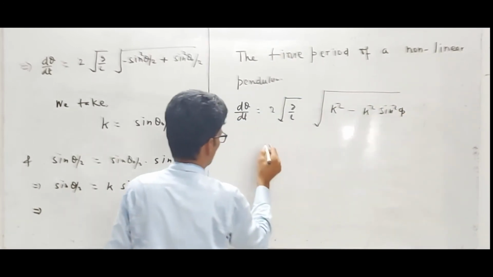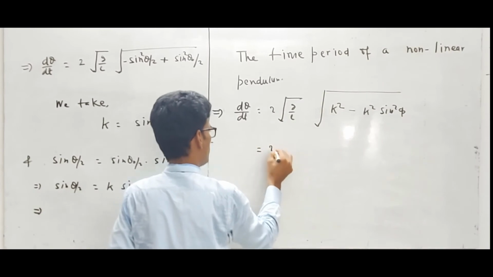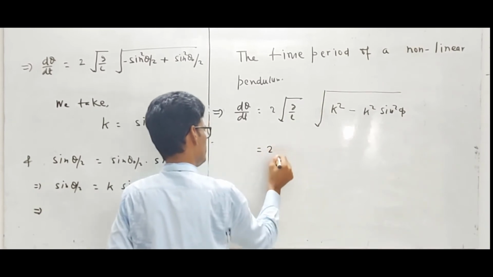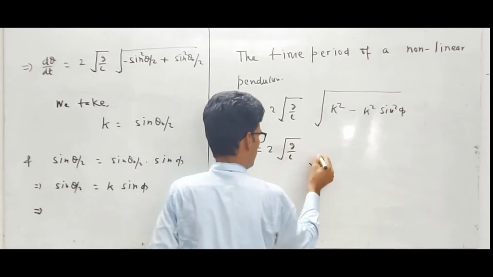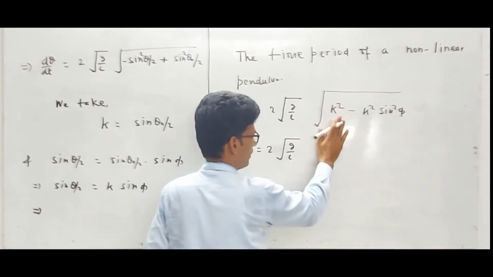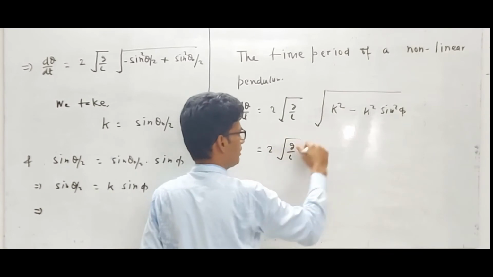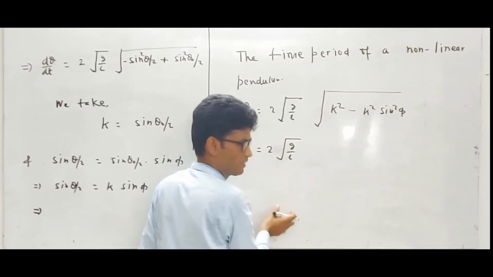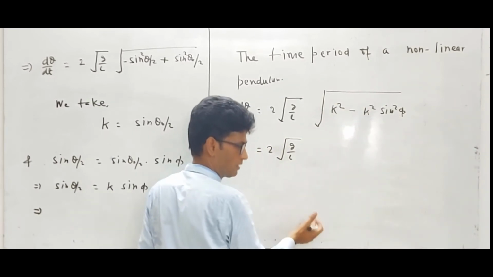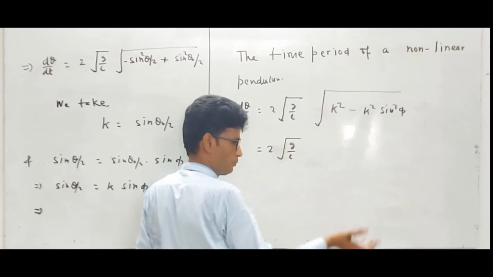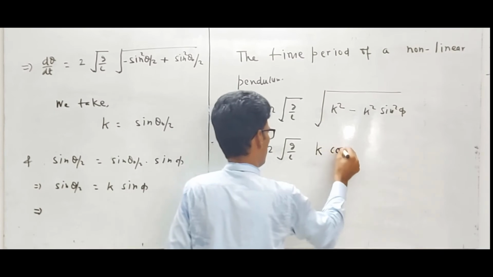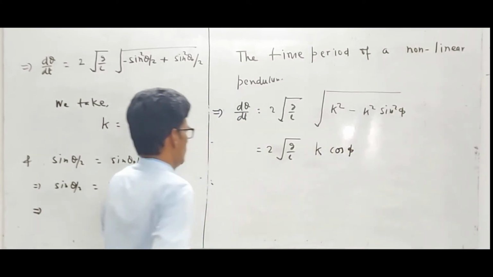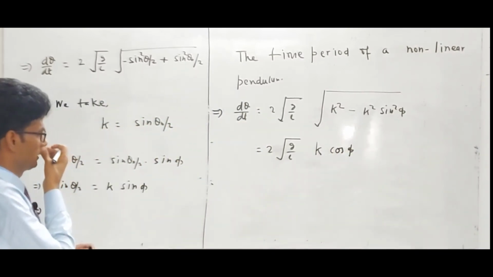So now this becomes twice under root g by L, and then taking k square common, the k is outside. 1 minus sin square phi is taken as a positive square root. Cos square phi comes out to be plus minus cos phi. We take the positive square root, cos phi. So this becomes k cos phi. So this is the case here right now.